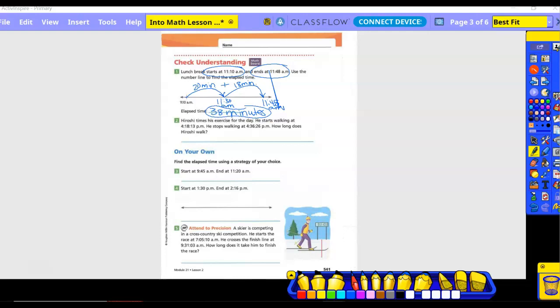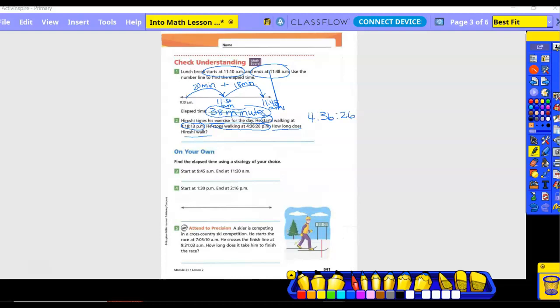Okay, so we have our start time of the 4:18:13 and our stop time of the 4:36:26. So how long does Hiroshi walk? Okay, so what do I put on top? The start time or the end time? The end time. So 4:36:26.